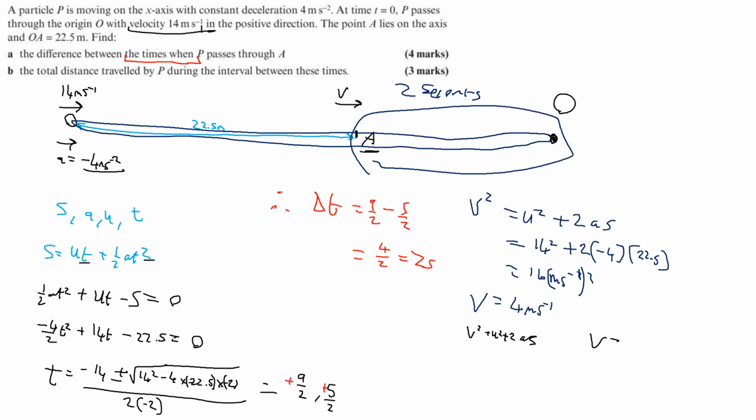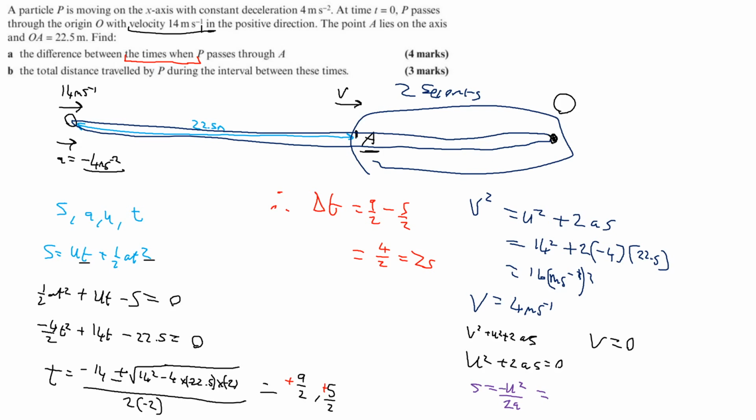We know that v is equal to 0, so u squared plus 2as is equal to 0. So how do we find out what s is? S is just going to be u squared over 2a, all right? Or minus that, actually, but you know what I mean.